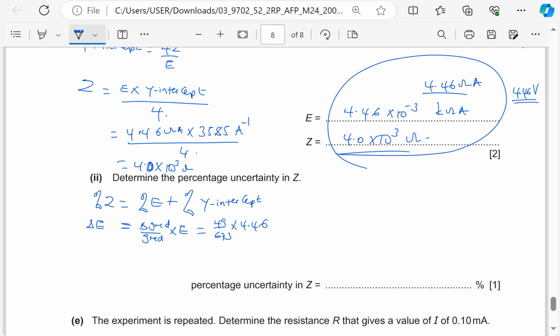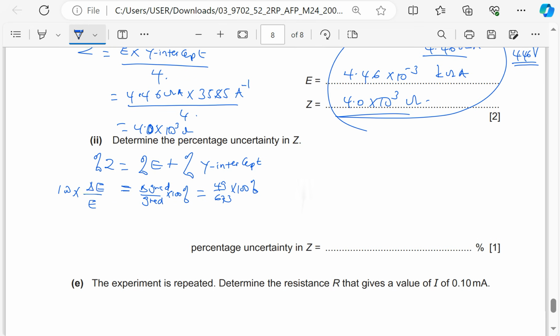If I want a percentage, I'll just do this: the absolute uncertainty in E over E, then this side times 100, to make it a percentage.